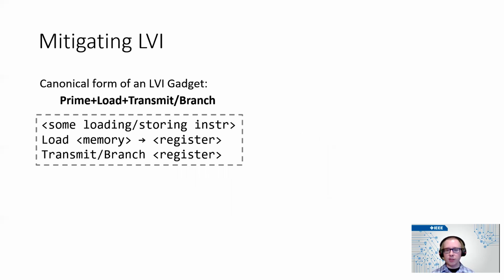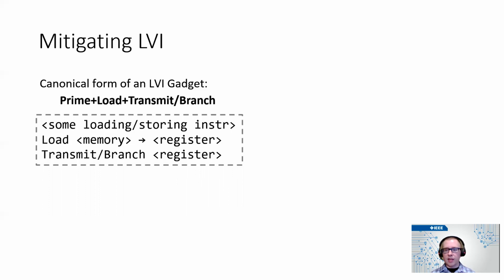Well, we took a step back. And in the meantime, one of my colleagues had put together a very thorough taxonomy of all of the possible shapes for LVI gadgets. We concluded that all of them share the same basic template, a kind of canonical form that looks like this. So first, something happens, either a load or a store that puts a value into a microarchitectural structure.